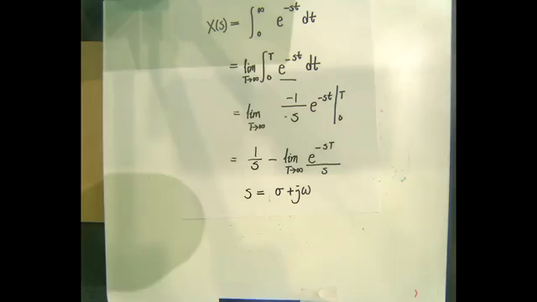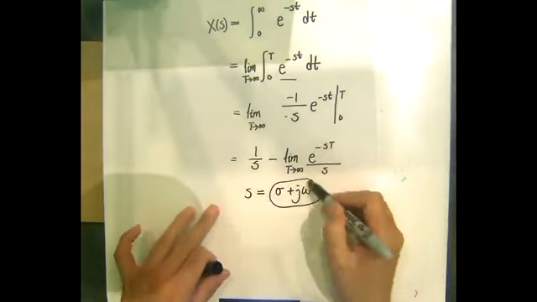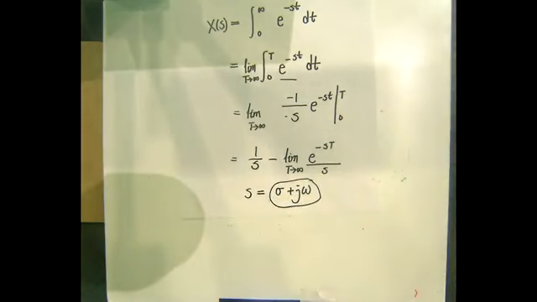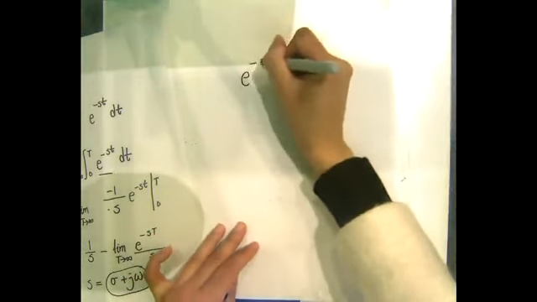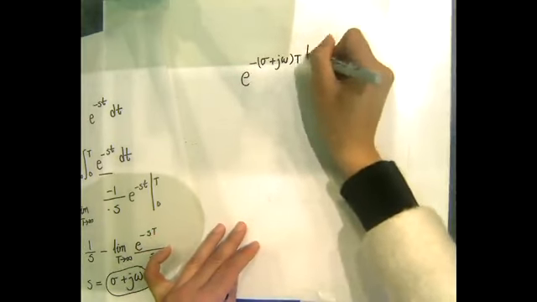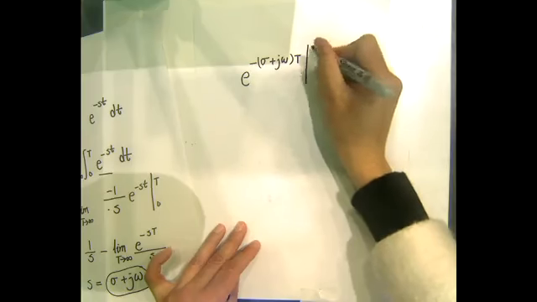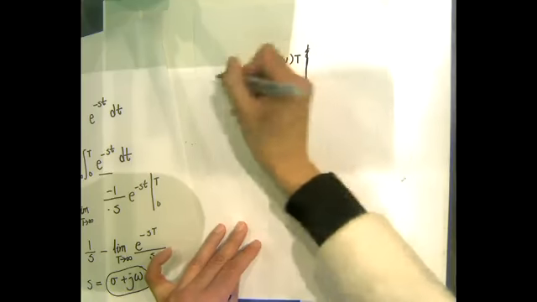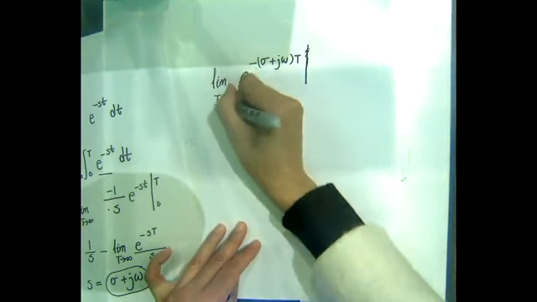Now, you can see here, this is a very tricky thing. I'm writing down e to the minus sigma plus j omega, and this capital T, and my T, I will consider the limit as t goes to infinity.